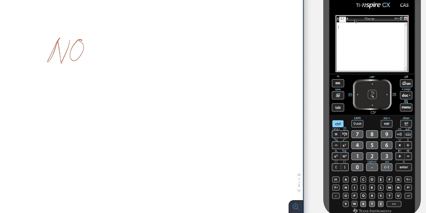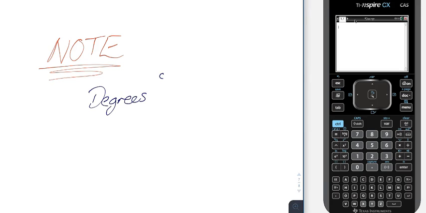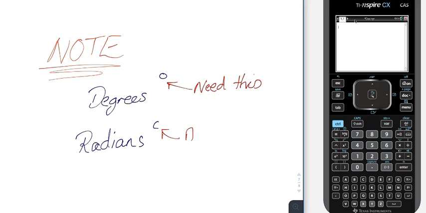That is a requirement. Degrees have a degree symbol. Radians have their own special radian symbol. It's like a little c. You must always show a degree symbol. If you have a degree answer, you must show a degree symbol. However, for radians, you do not need to show that symbol.